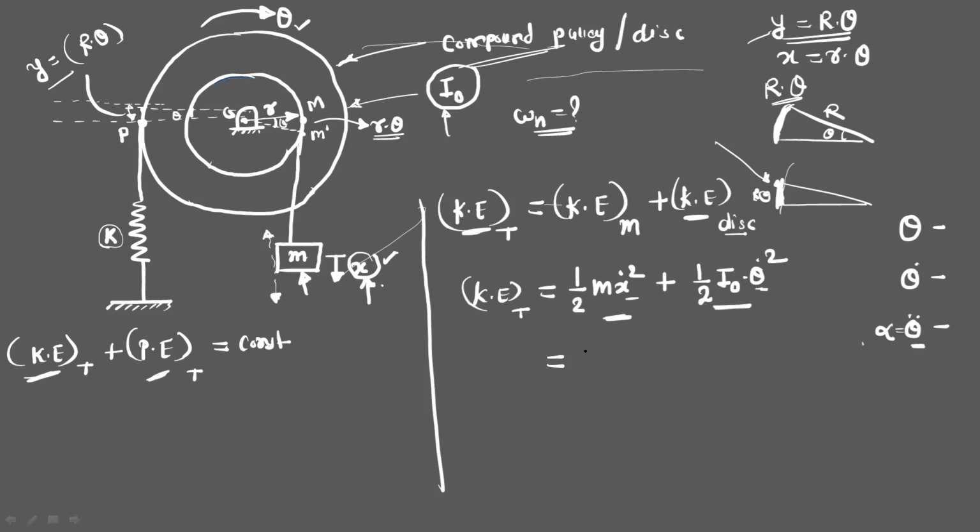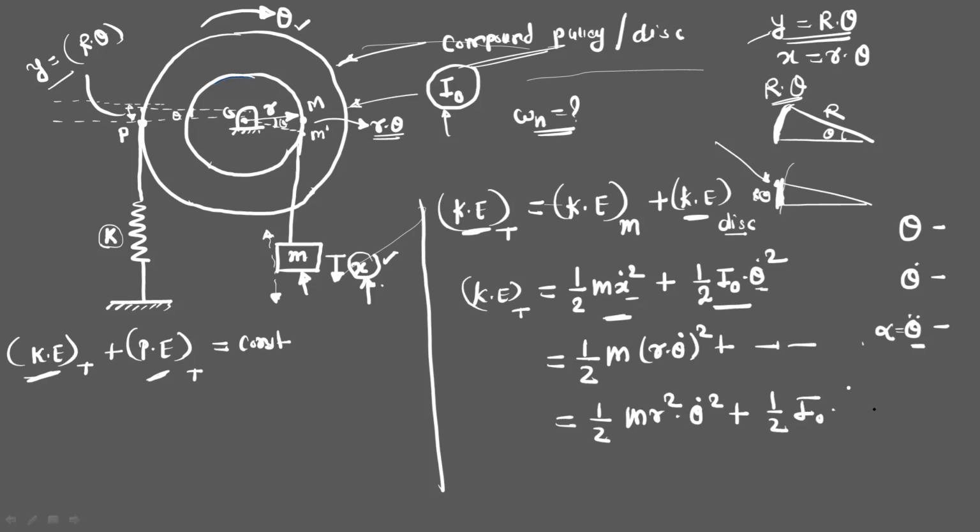Now just put it here: 1 by 2 m, x dot will be r into theta dot, square, plus the remaining value will remain the same. So this is 1 by 2 m r square theta dot square plus 1 by 2 I0 theta dot square.